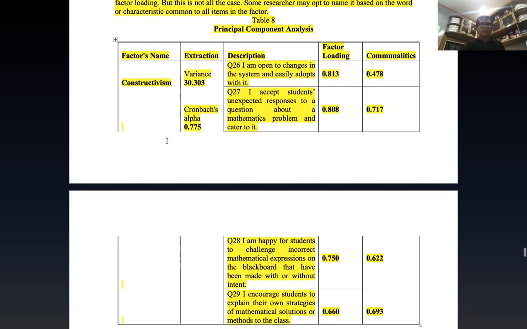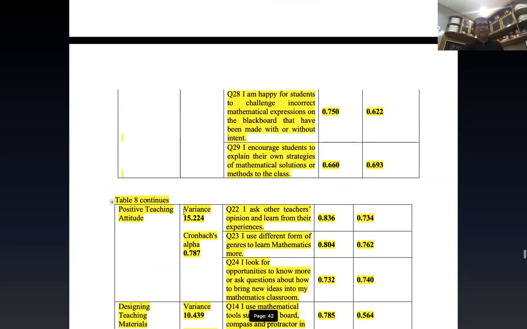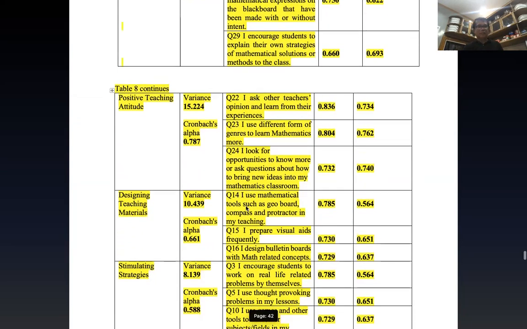But I'd like to emphasize that the naming of the new factors is so difficult. This is actually a difficult part because you have to think logically on what would be the exact, appropriate, logical term for Q26, Q27, Q28, then Q29. Positive teaching attitude. It took time for my advisee to come up with this term, which is actually a term for Q22, Q23, and Q24.